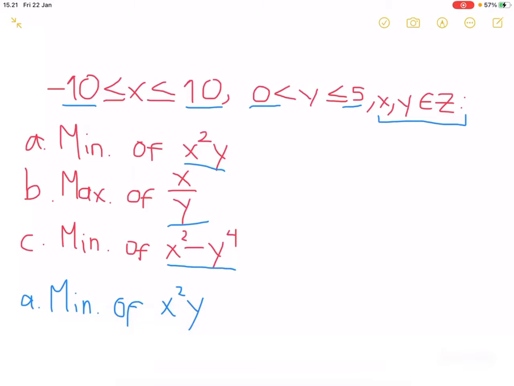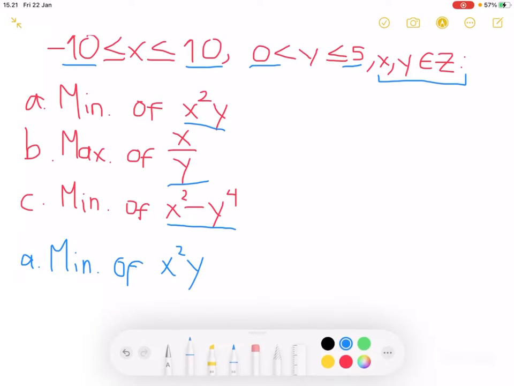Okay, so for this to be negative, since we know that x squared is always positive, or sometimes it could be equal to 0, we must have y to be negative. However, there are no negative values inside this interval, so we have no choice but to pick the smallest positive option. And notice this is not 0 because 0 does not lie in this interval.